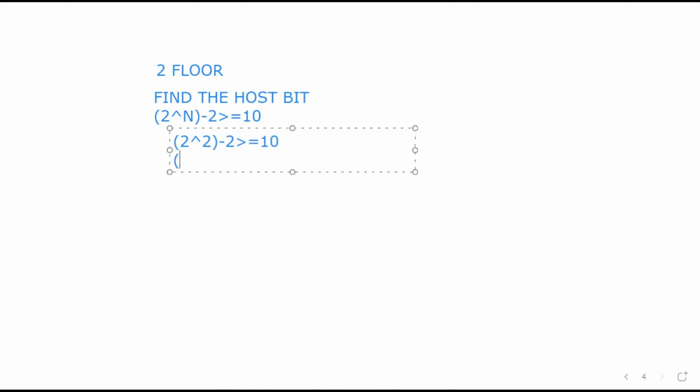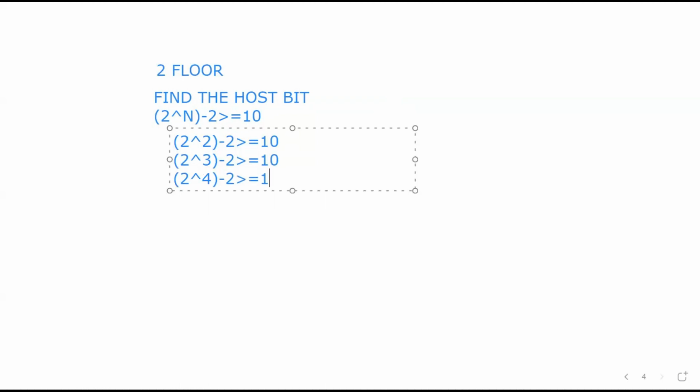No. 2 to the power 4 subtract 2 is greater than or equal to 10?